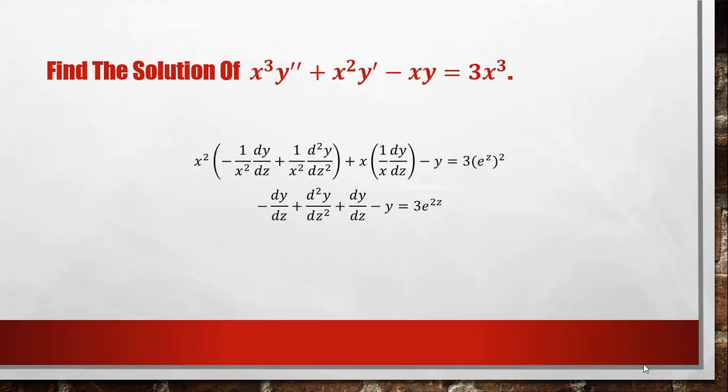Simplifying, we get negative dy over dz plus d squared y over dz squared plus dy over dz minus y is equal to 3e to the 2z. Simplifying again, by cancelling out dy over dz, we get d squared y over dz squared minus y is equal to 3e to the 2z.